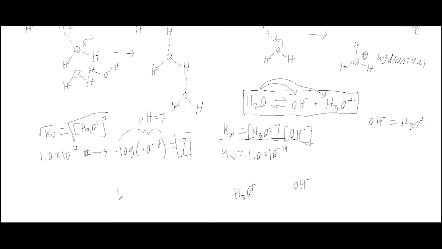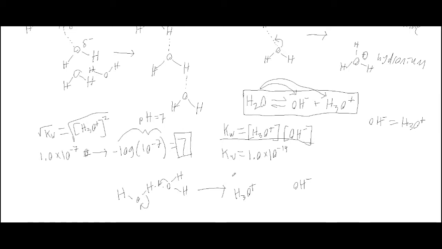It's that water is constantly undergoing this autoionization, where this hydrogen bond becomes a real bond, and then this pair of electrons gets shoved over onto that oxygen, so that you end up getting these two species.